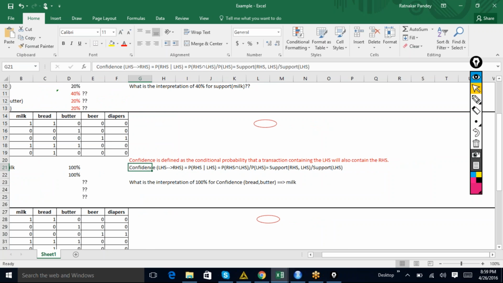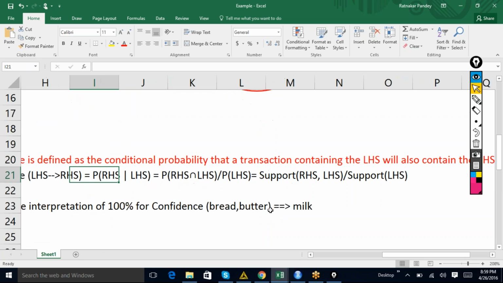If you look at the formula of the conditional probability, it's basically the probability of right hand side happening. Let me see if I can zoom in a little bit. So, the probability of right hand side happening given that the left hand side has already happened, right? If you expand this in the language of probability, that's the probability of right hand side and left hand side happening together divided by the probability of left hand side.